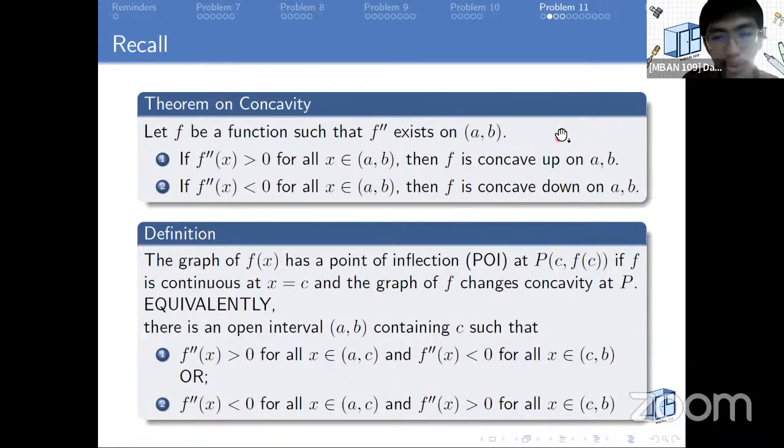Then we have the following implications. If f double prime of x is greater than 0 for all x in the open interval AB, then f is concave up on AB. Or if f double prime of x is less than 0 for all x in open interval AB, then f is concave down on AB.